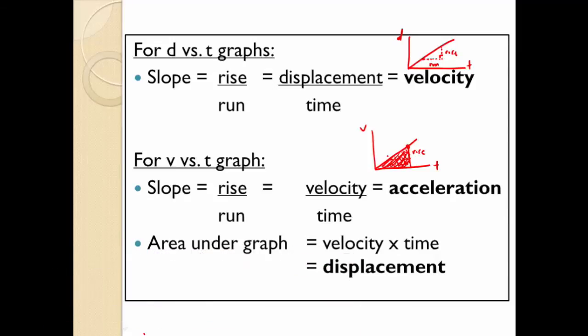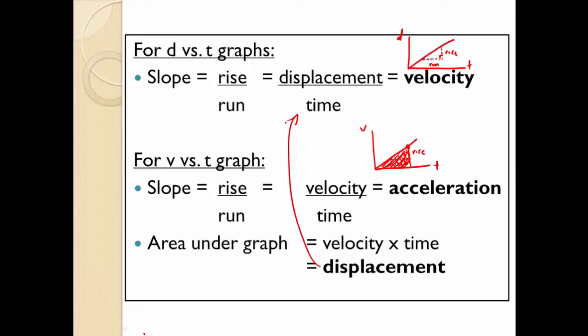The base is time. The height is still our velocity. Velocity times time, well, that's just displacement. We get that from this equation up here. So if we find the area under the graph at any point on the graph, we actually are finding the displacement at that time. That's pretty cool, and it's definitely worth understanding. You're going to be doing that a lot.